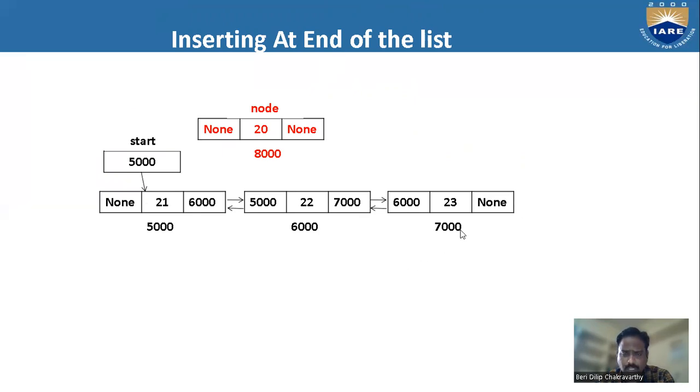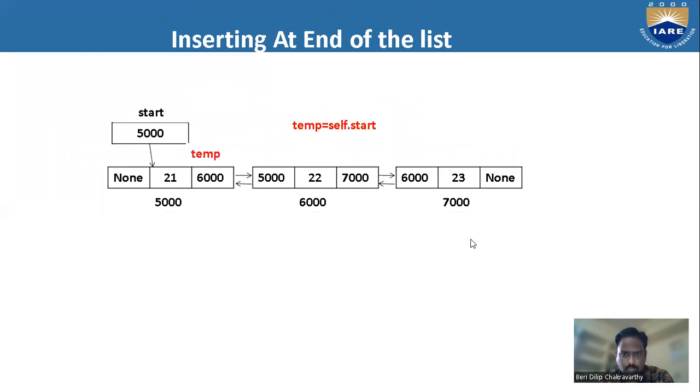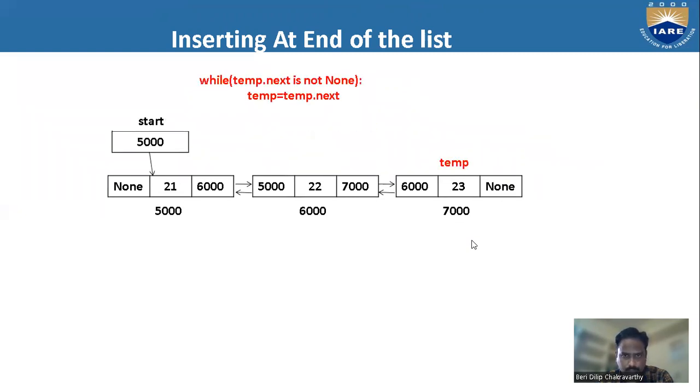So for that purpose, what do I need to do? After this, I need to add a new node. Here I need to remove none, and I need to give the address of this node. So here I should get 8000. Observe what I am doing.